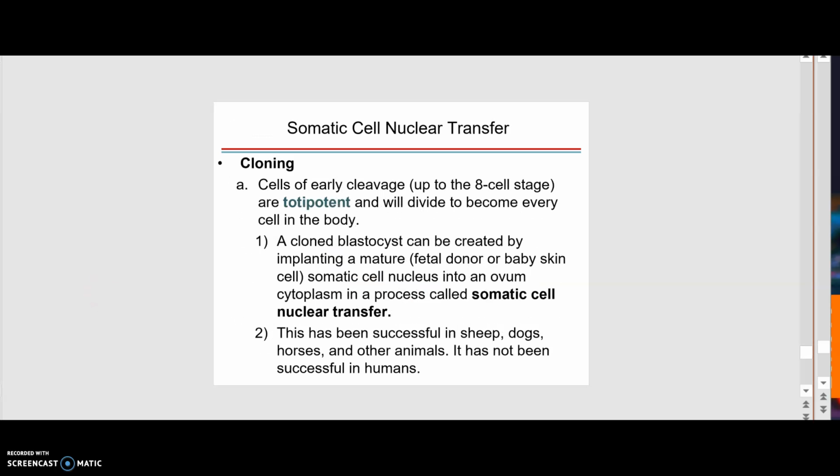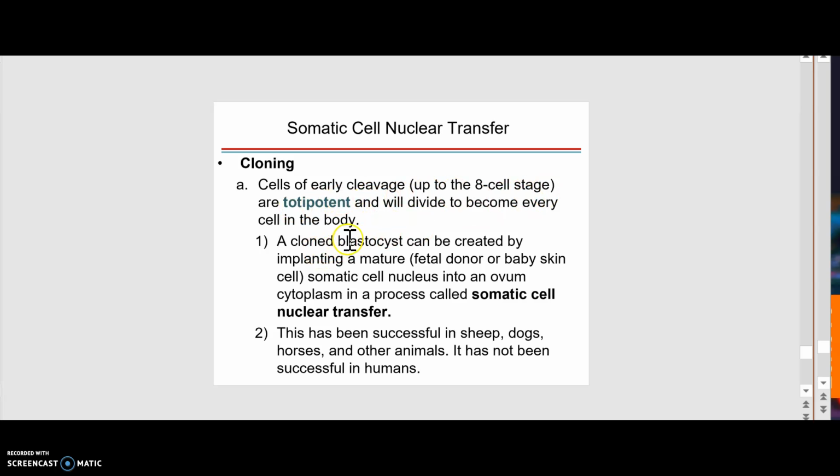Okay, so we come here, coming to a concept called somatic nuclear transfer. This is what they call the cloning. Like you could make a whole new sheep, dog. They've done this. Basically, cells of early cleavage up to 8 cell stage are totipotential, as we mentioned.